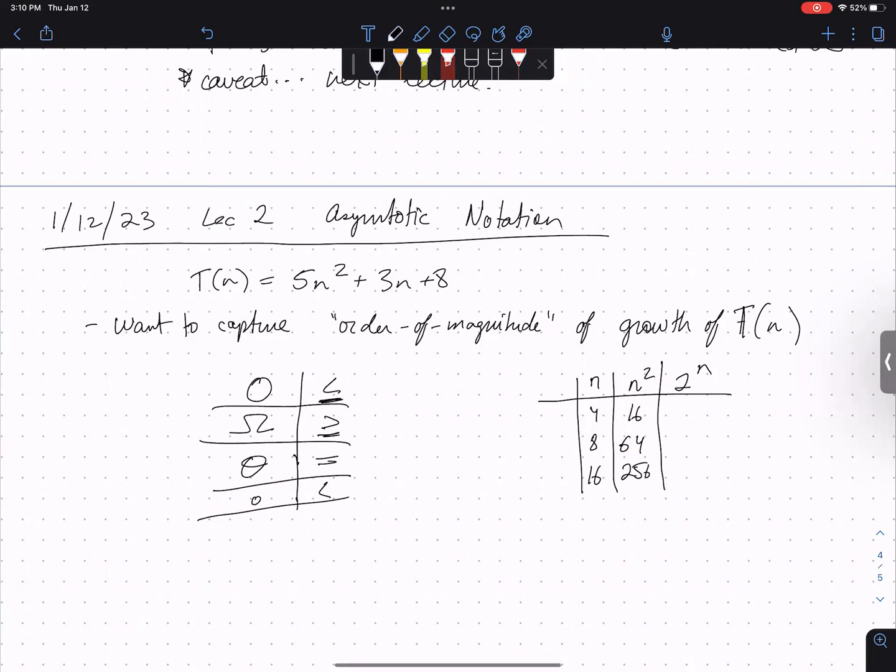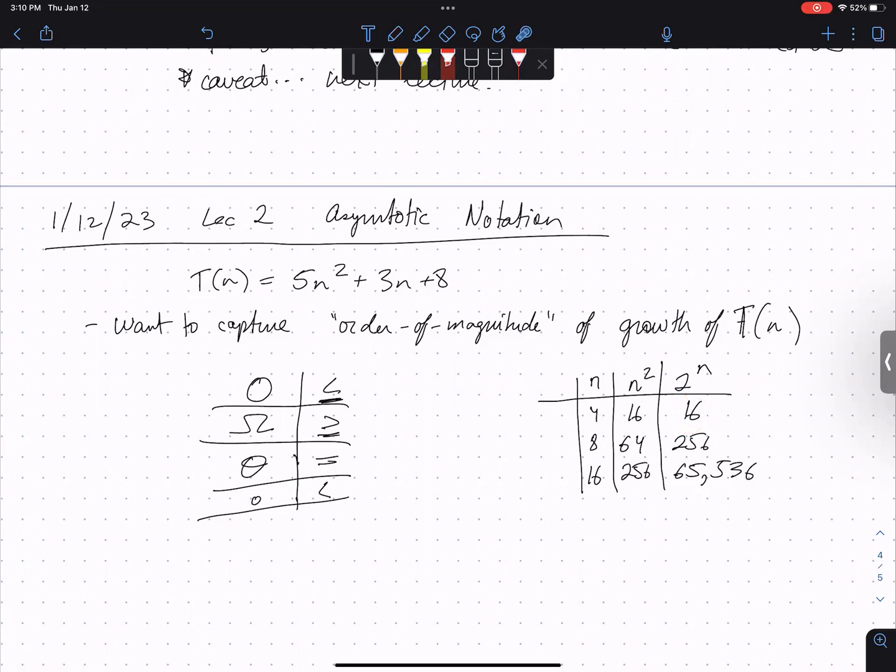And if I write 2 to the n, then this would be 16, 256, and, I have my notes, 65,536. So here, when I double n, I actually square the number of steps.